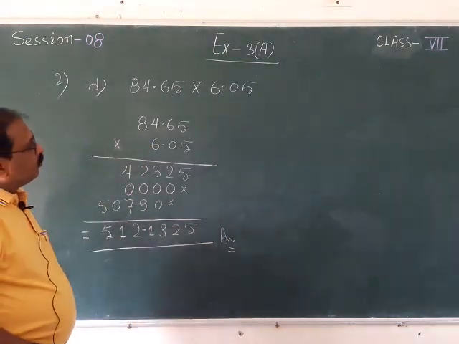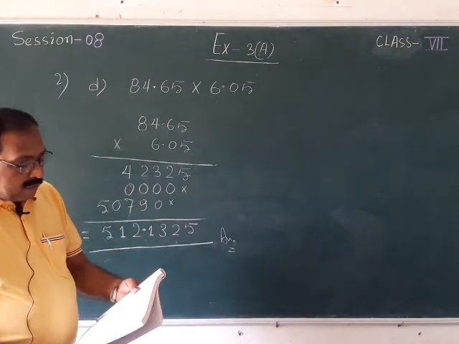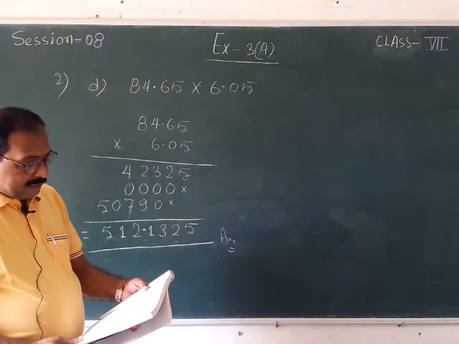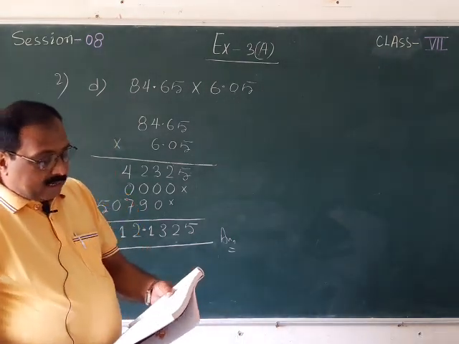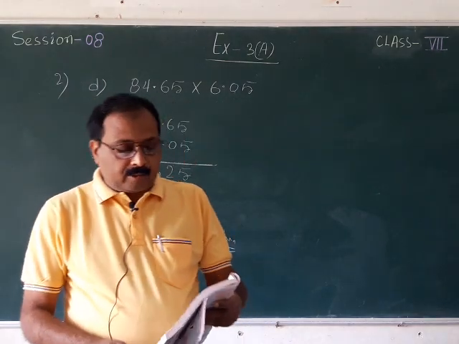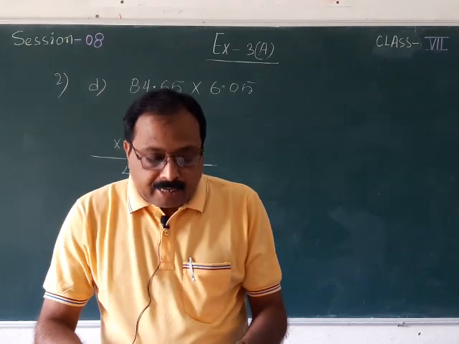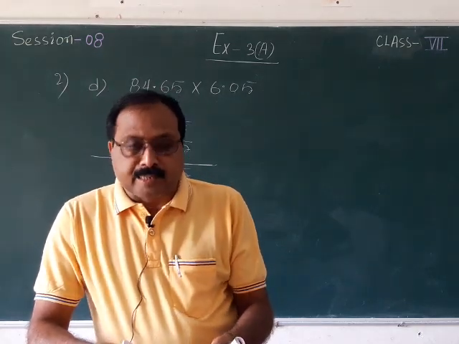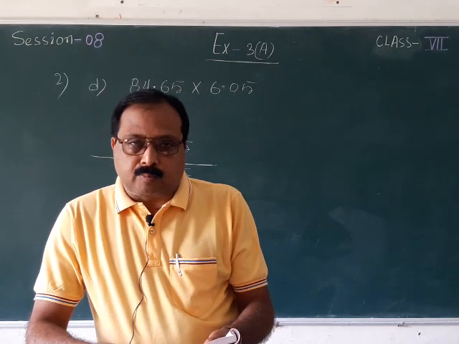So like that you can multiply it. This is all about the multiplication of decimals. Then in question number 3, you can see that one table is given. In this table, just see in your book, 6.352 multiplied by 10, that means the first answer will be 63.52 in the first box.